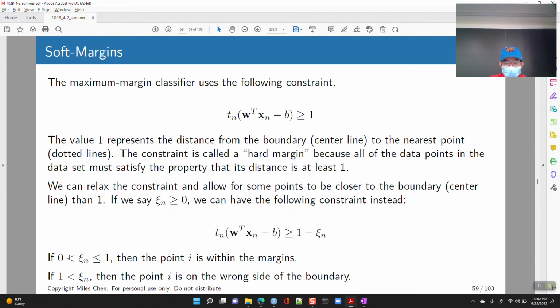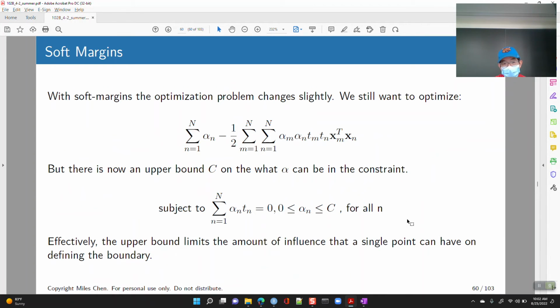We can loosen this up, all right, by saying, you know what, we can allow for a soft margin. Okay, so a soft margin says, okay, let's solve for this. But you know what? The alpha is going to have a hard upper ceiling on this.